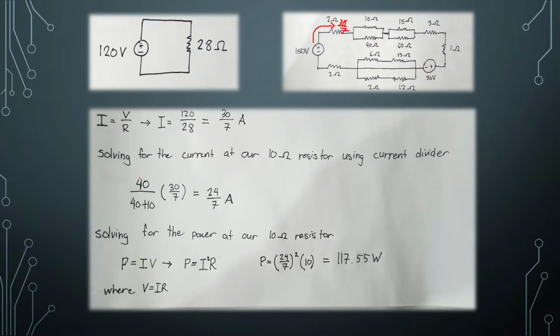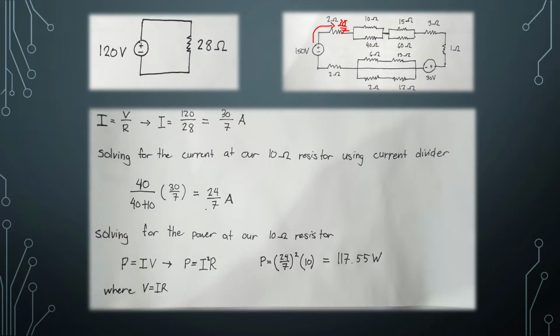The solution is to take the opposite resistance and use it as a numerator, 40 over 40 plus 10, the resistor that is parallel to it, and then you multiply it by the current that is going into your parallel circuit. So that is 30 over 7 amperes. So you will get 24 over 7 amperes. This is the current that is going to your 10 ohm resistor.